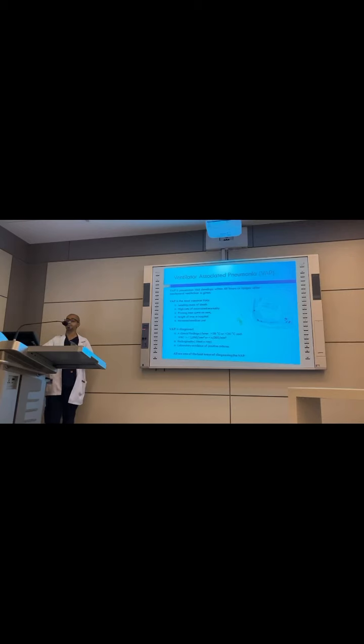VAP is a pneumonia that develops 48 hours or longer after mechanical ventilation is given. It is a leading cause of death, with a high rate of associated mortality, prolonged time on the ventilator, longer length of stay in the hospital, and increased medical costs.